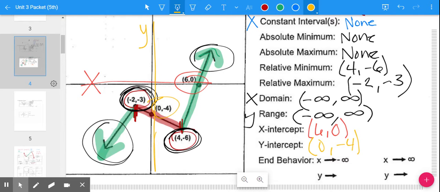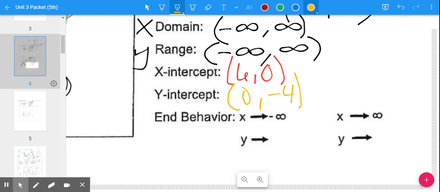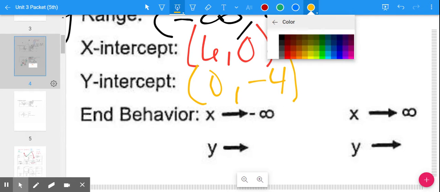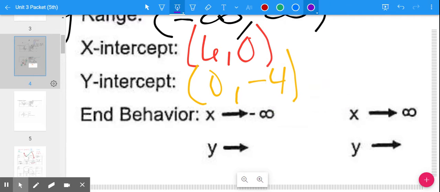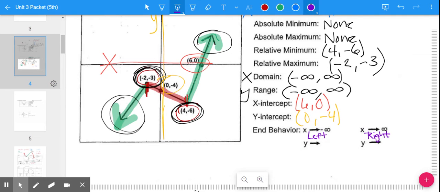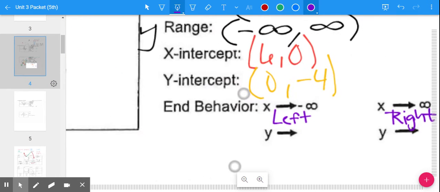Last thing on here is end behavior. So I like to go ahead and write left and right in here because it makes things a little bit quicker and easier, in my opinion. So as x approaches negative infinity, again, x-axis negative is left, and x-axis positive is right. As we look at the far left side of our graph, the end of the line on the left side is pointing down.